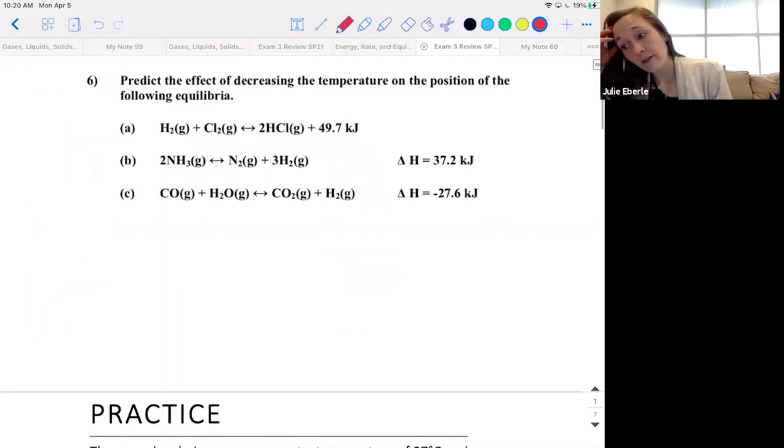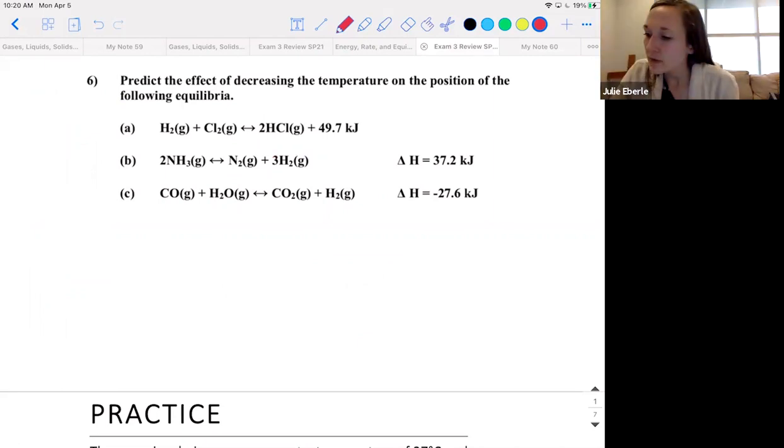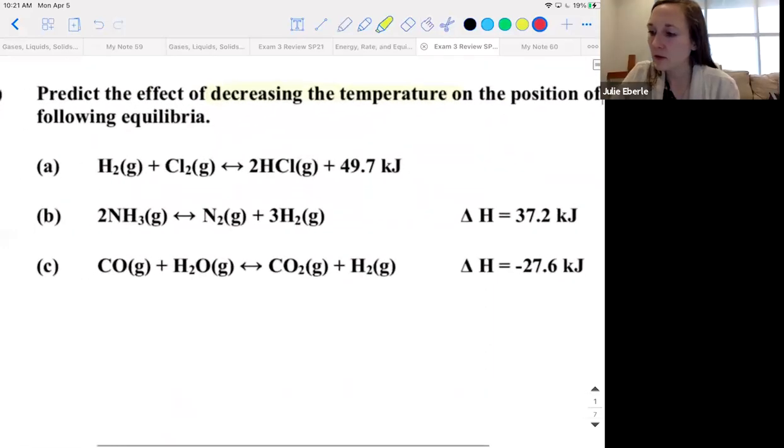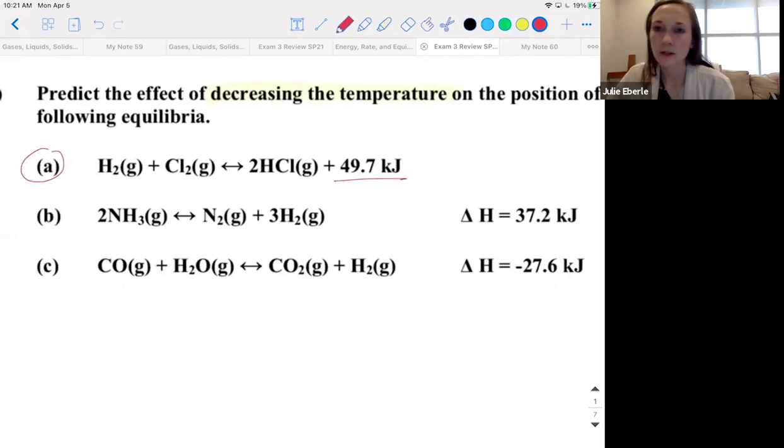So this says predict the effects of decreasing the temperature on the position of the following equilibria. You got 3 equations here. And here's what we're doing. We're decreasing temperature. So let's look at A. I'm going to zoom in. We got hydrogen gas and chlorine gas makes HCl, and look, plus it makes 49.7 kilojoules of energy.